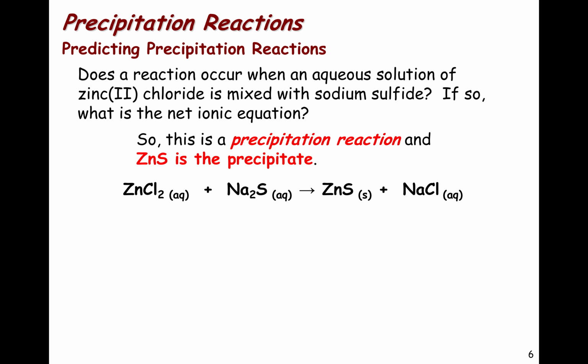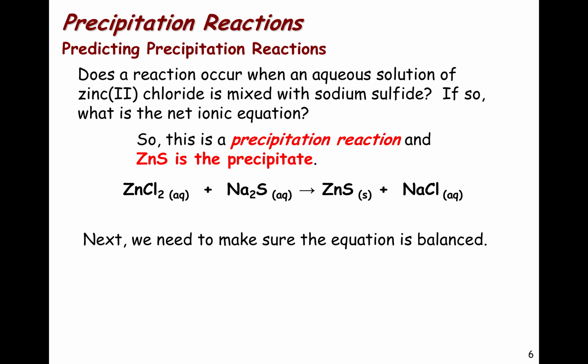Since one of our products is insoluble in solution, this is readily recognized then as a precipitation reaction. And so we need to then do a little bit more work, and therefore we have to balance this chemical reaction.